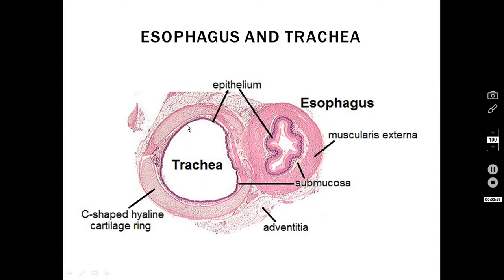It's pseudostratified columnar epithelium in the trachea and stratified squamous in the esophagus. You can then also see the submucosa and the muscularis externa of the esophagus, versus the very simple submucosa of the trachea with the C-shaped cartilage rings.